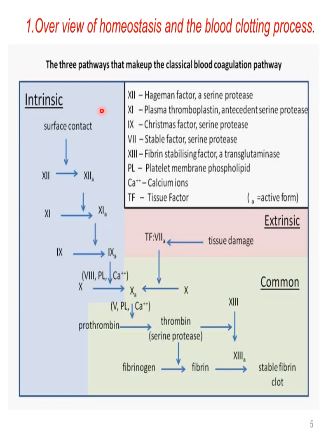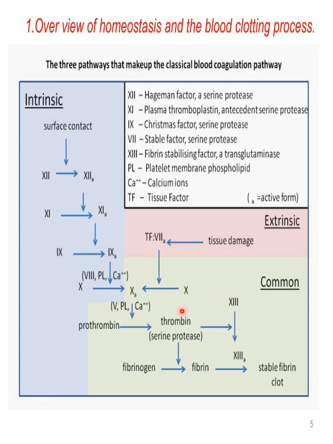Now what happens is that after a surface contact, factor 12 is activated to 12A. 12A then activates factor 11 to 11A, then 9 to 9A, and then in the presence of factor 8, platelets and calcium, ultimately the common pathway factor 10 is activated to 10A. On the other side of the coin, the extrinsic pathway, in the presence of tissue damage, with the help of factor 7 and tissue factor, also converts factor 10 to 10A, which is the common pathway.